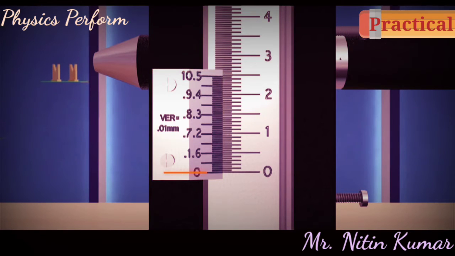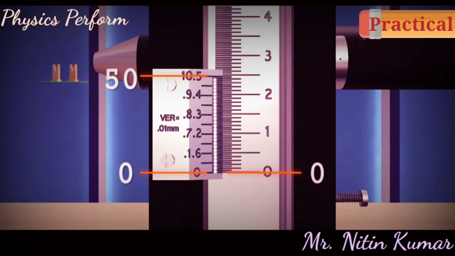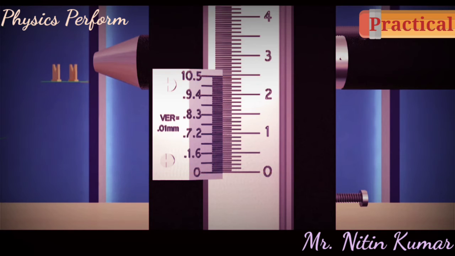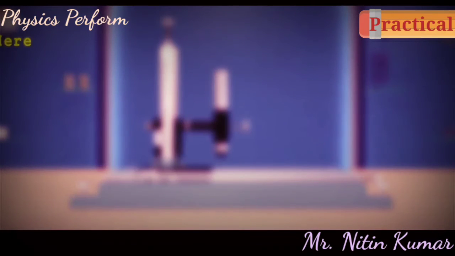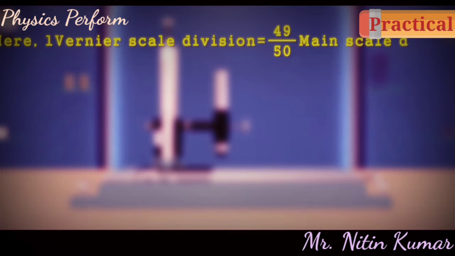Now, let us see the least count of the travelling microscope. Here, 50 divisions of vernier scale are equal to 49 divisions of the main scale. So, 1 vernier scale division is equal to 49 by 50 main scale divisions.